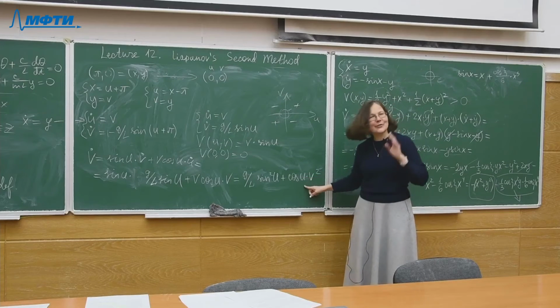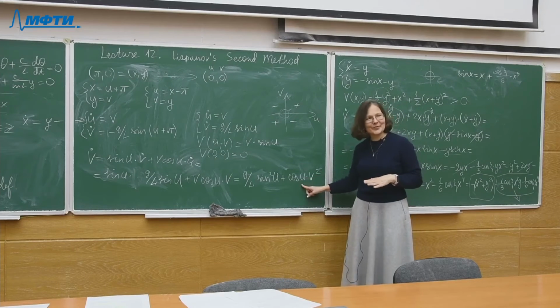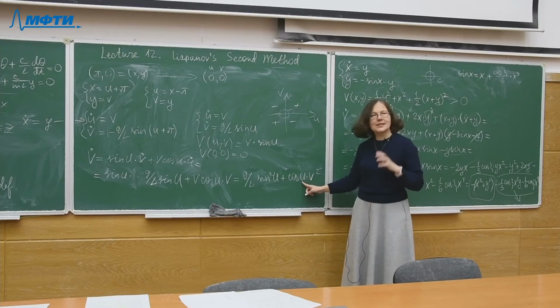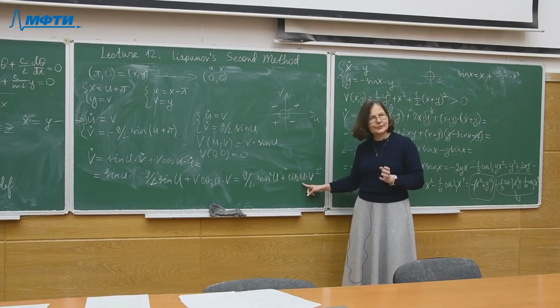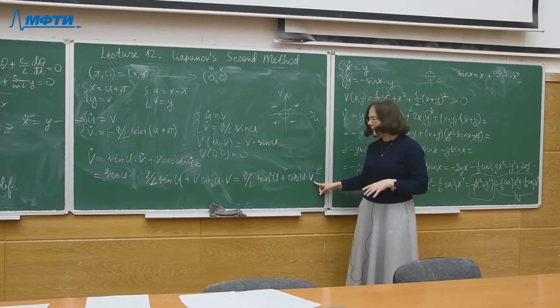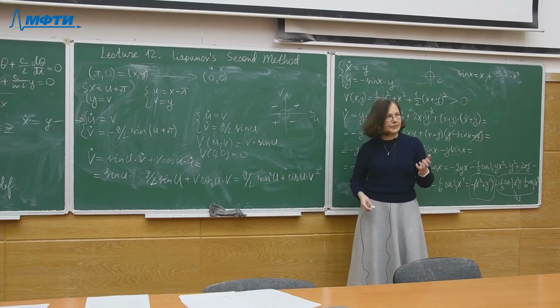Cos 0 is 1, so if u is near 0, then cos u is near 1, so it is positive, multiplied by v squared. Yes, it is positive definite.